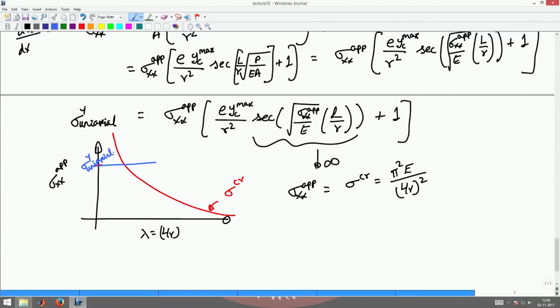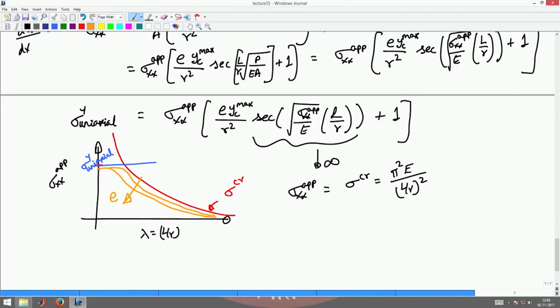When the slenderness ratio is close to 0, secant will be close to 1, okay, then this curve will look something like this. Do something like that, where this is with increasing eccentricity E for a given section. E increases along this direction, eccentricity of the cross section.